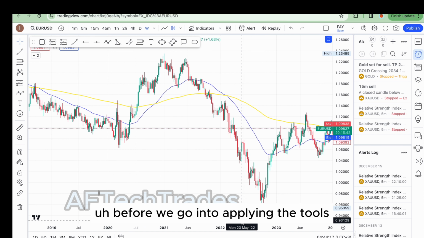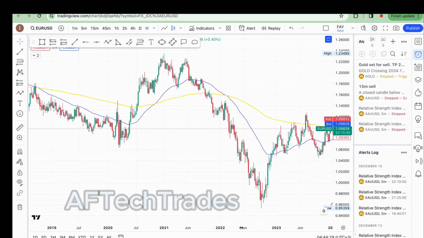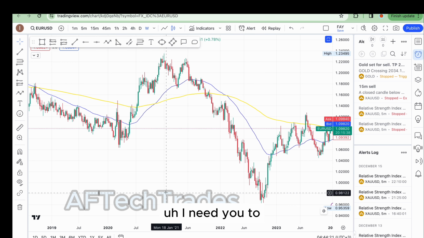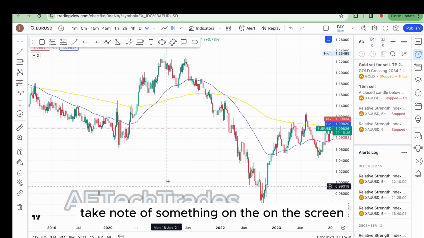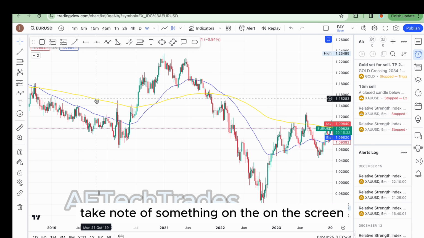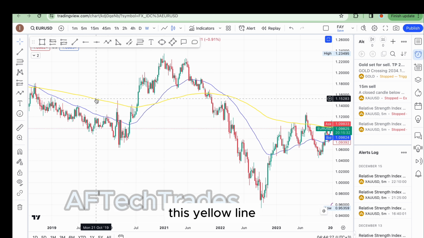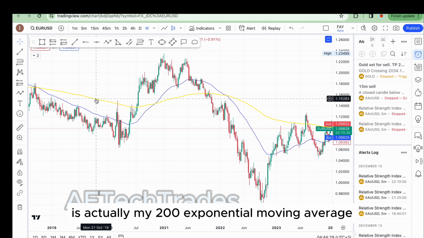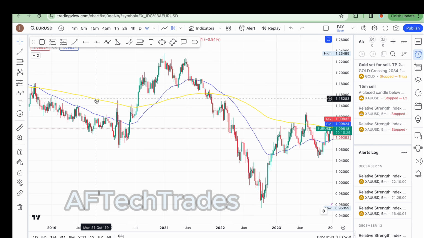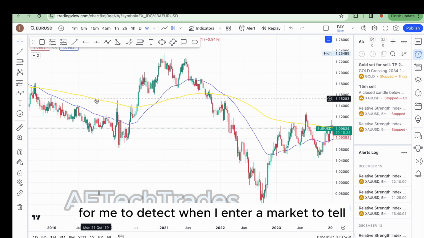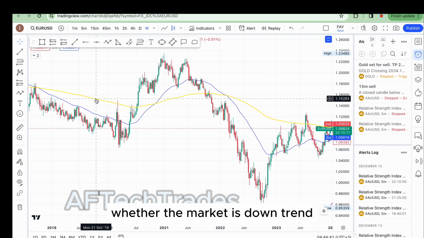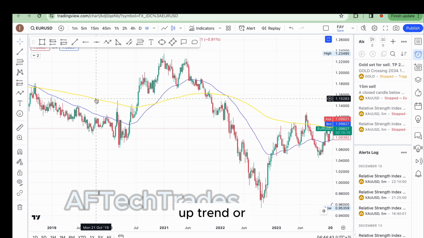Before we go into applying the tools, I need you to take note of something on the screen you are seeing now. This yellow line is actually my 200 exponential moving average. This makes it easy for me, when I enter a market, to tell whether the market is in a downtrend, uptrend, or consolidating.